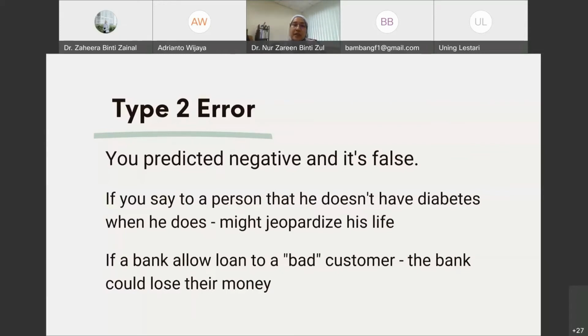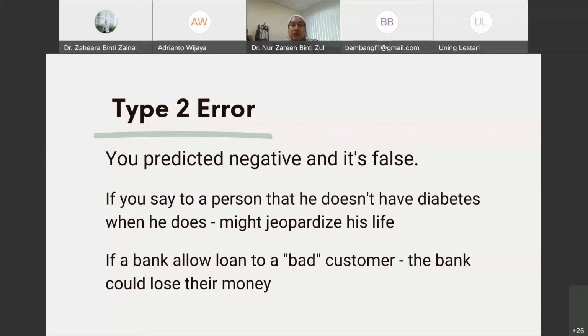So in the same case as diabetes now, if you tell a person that he doesn't have diabetes and he goes on living his life normally, he might jeopardize his life. Okay, because he did not go to the hospital, did not take the medication that he needs. So we would say that this is a much more harmful situation. The impact is much bigger compared to type 1 error.